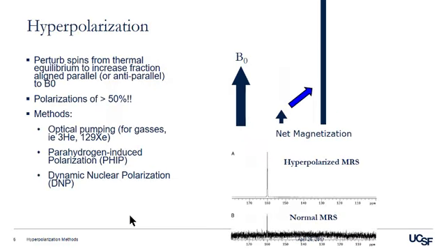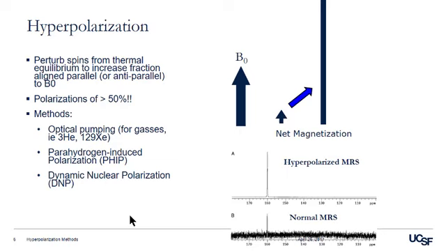This is where hyperpolarization comes into play: actually trying to get more than that small fraction of spin alignment with, or actually against, the magnetic field. With hyperpolarization methods, instead of being in the 0.0001% regime, we're four or so orders of magnitude higher in terms of what the techniques can achieve.